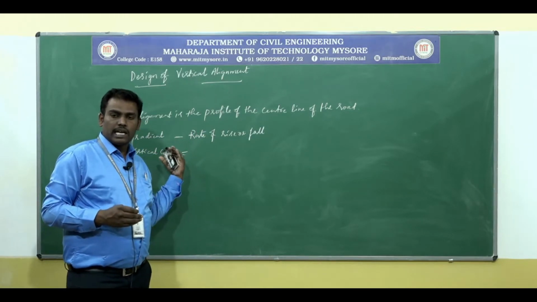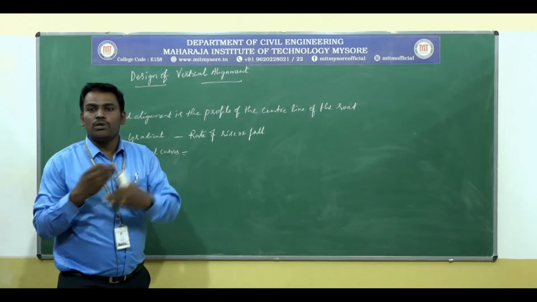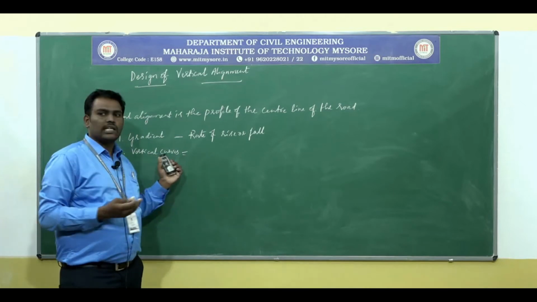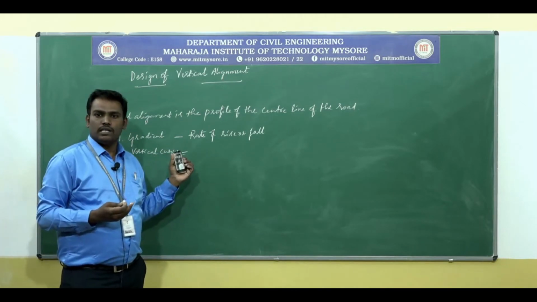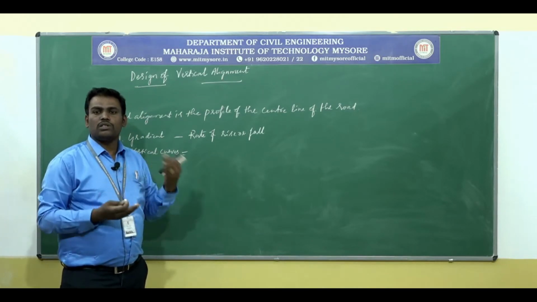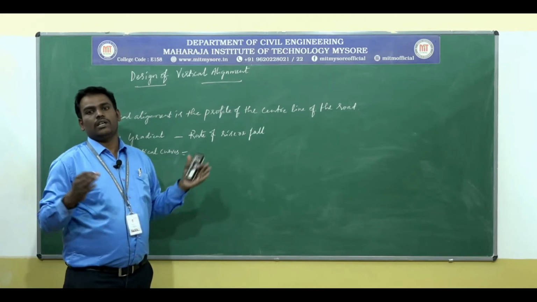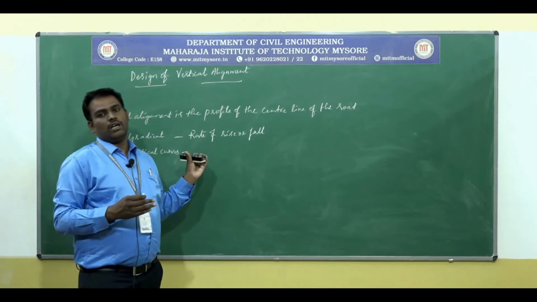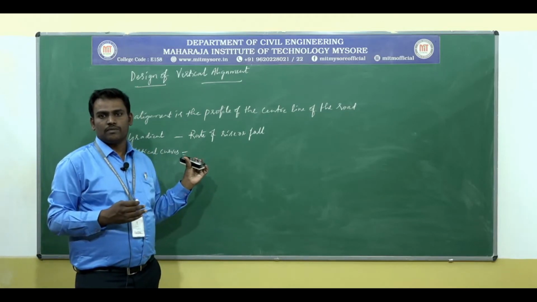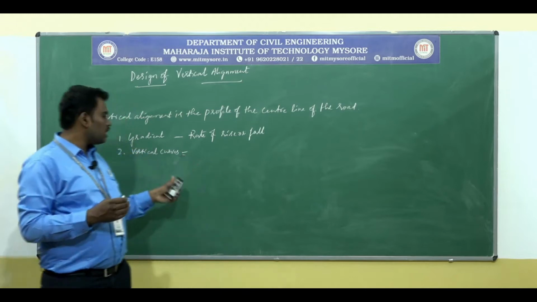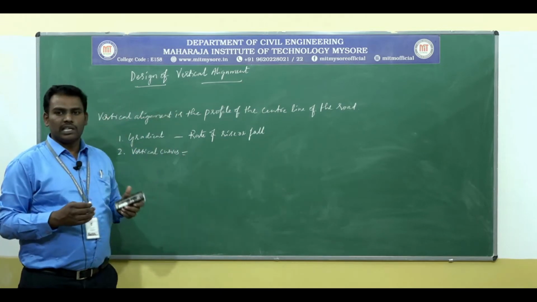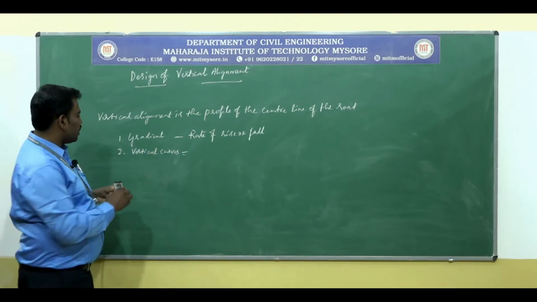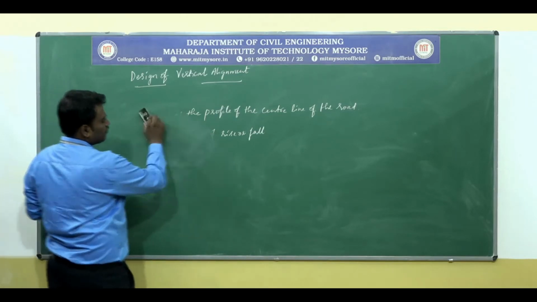The curve which smoothens out the change in gradient for smoother movement of the vehicles is called a vertical curve. These are the two elements of a vertical alignment. I will take up one by one. First I will take up gradient.